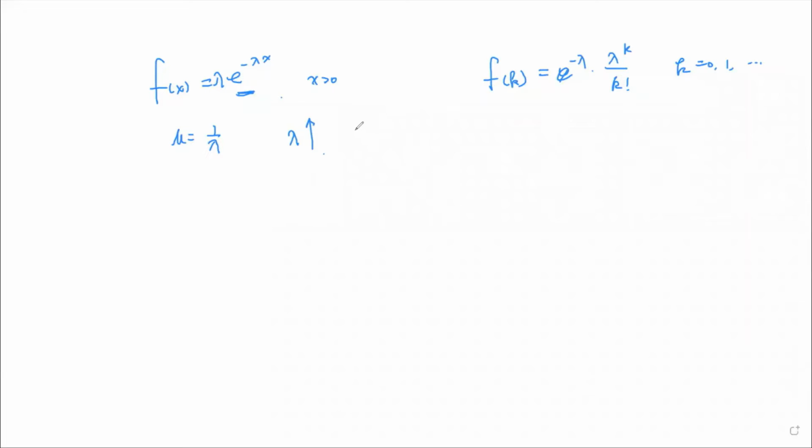The relation between Poisson and exponential distribution, there's a very nice relation between these two. Poisson distribution is to describe small probability events. Let's say you have a Poisson process. Let's say starting from 0, then nothing happened.